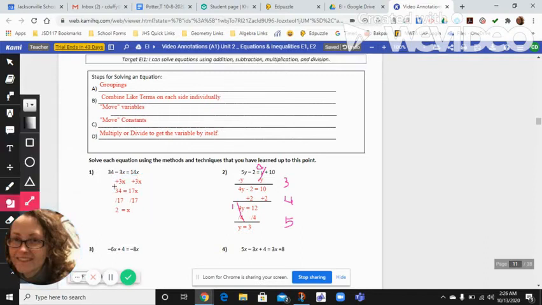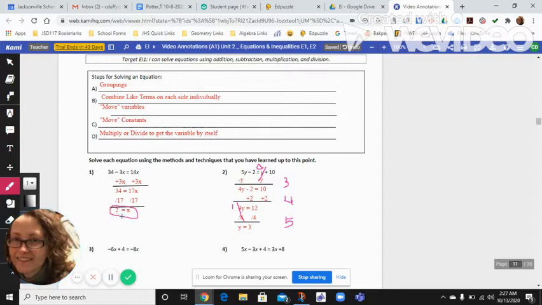Here you can see in my first step, I added 3x to both sides to get 34 equals 17x, divided by 17 on both sides, and my final answer is x equals 2.